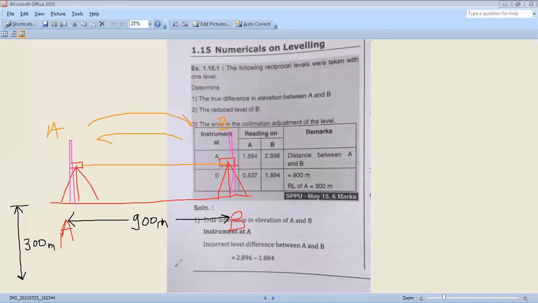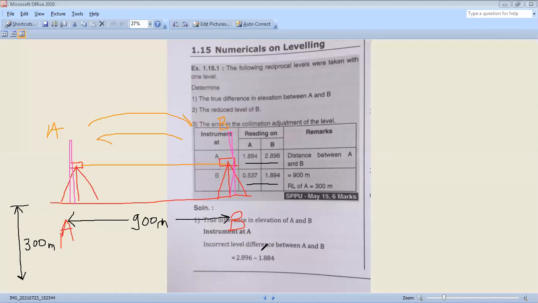So what is the basic method to solve this type of numerical? The first step is to find the true difference in elevation of A and B. So first, you will subtract these two readings, first at station A and second at station B. Now get all these things carefully. You are getting the subtraction of 2.896 minus 1.884.